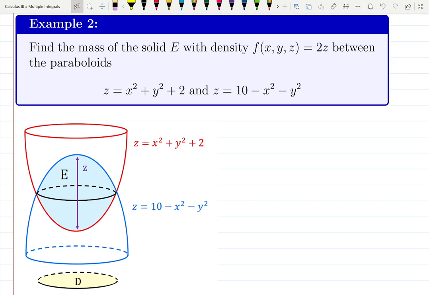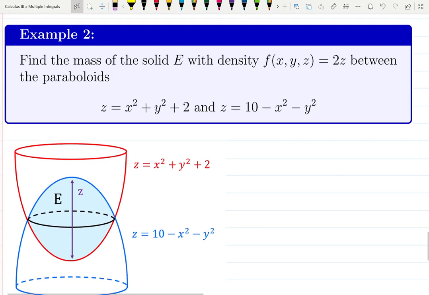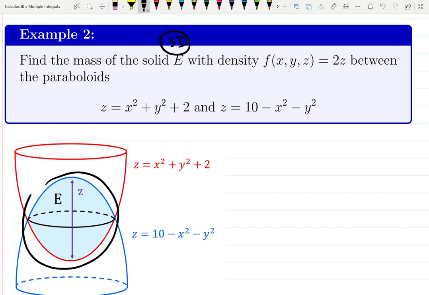You guys, try to participate also. Still 5 minutes. Look at this problem. That's going to be our second problem, so you can write it down if you want. We are looking for the mass of the solid E. E is a 3-dimensional object, the one we're trying to draw, but this object has changing density, and the density is calculated in 4 dimensions. It swallows 3 dimensions and spits out the 4-dimensional result.